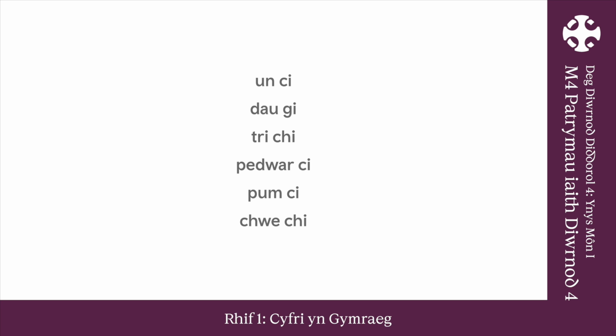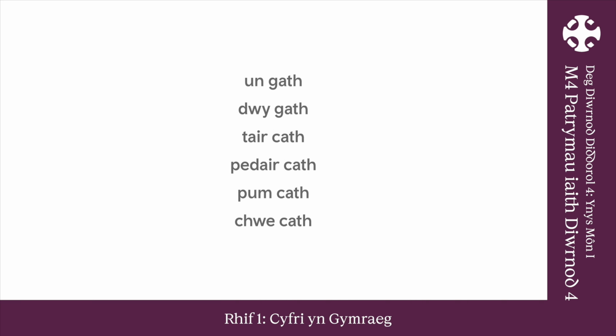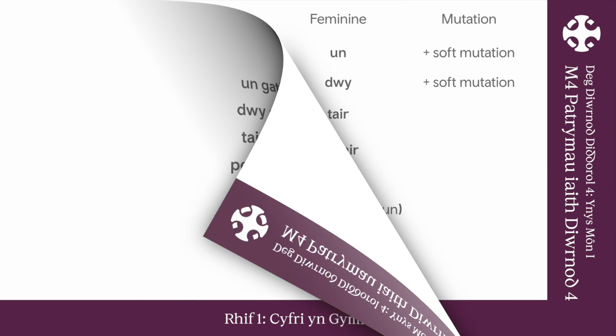For example, un ci, 2 gi, 3 chi, 4 ci, 5 ci, 6 chi, 1 gath, 2 gath, 3 cath, 4 cath, 5 cath, 6 chath.